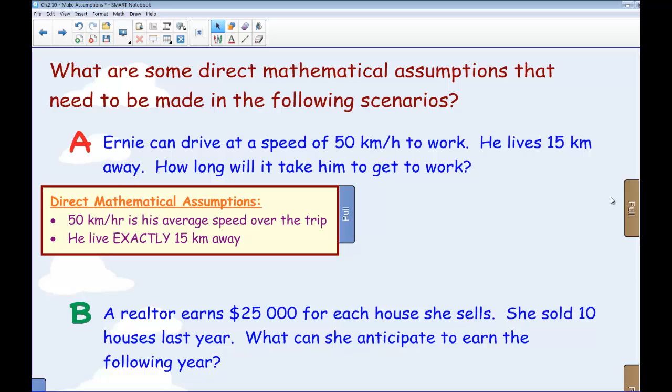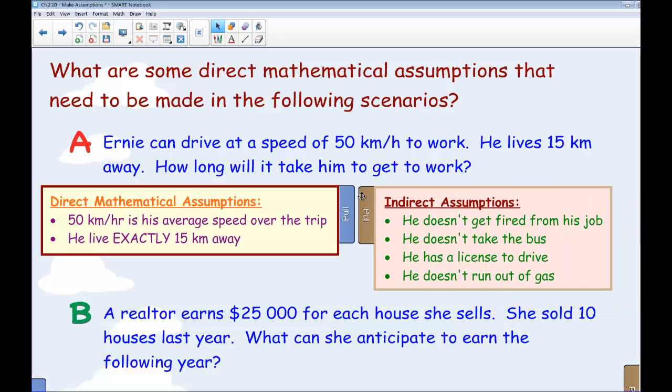Now I also came up with a list of what I call indirect assumptions that I often see students make in questions like this that really don't have a mathematical impact on the question. These are ones that I would consider far-fetched or not really necessary to assume. Here are a few of them: that he doesn't get fired from his job. Well, yes, I suppose if he were fired from his job, then he wouldn't need to drive to work, but that's kind of avoiding the question and getting off topic.